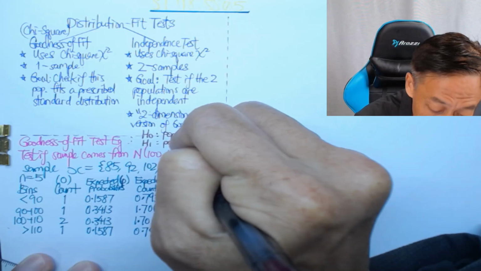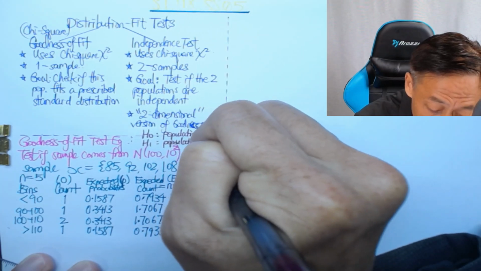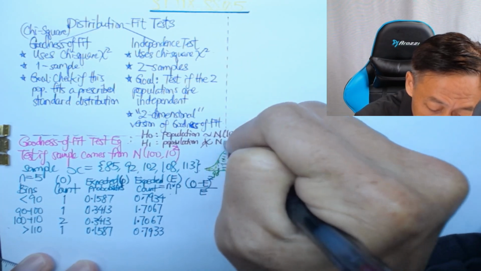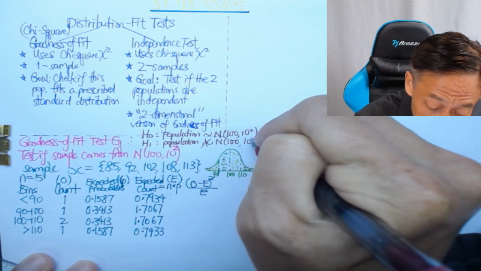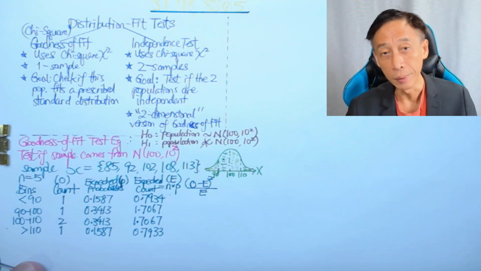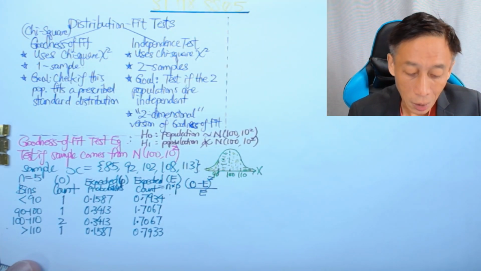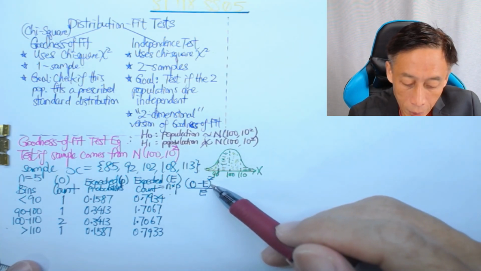H1: population does not follow the given distribution. Very simple, right?